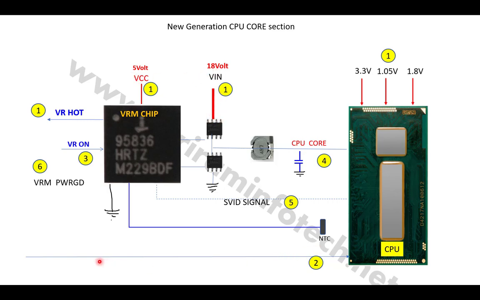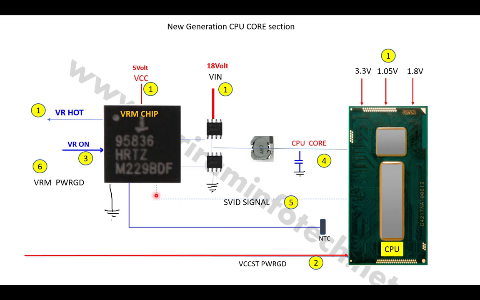The VRM chip gets this signal, and that signal is called VCCST power good. VCCST power good stands for all voltages being okay, like the 3.3, 5, 1.05, 1.8, 1.2, 0.6, all voltages are stable, and this signal tells the CPU that all voltages are ready.